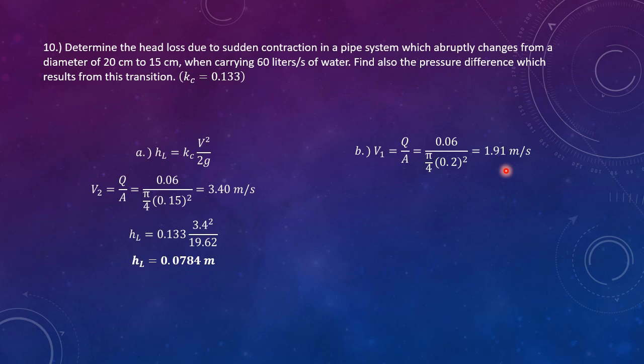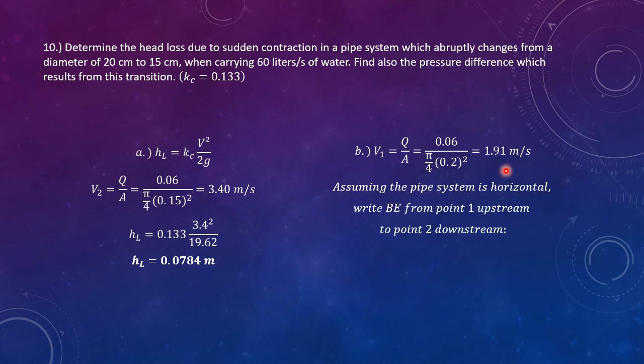Now to solve for the pressure difference, we assume that the pipe system is horizontal, and we write the Bernoulli energy equation from point 1 upstream to point 2 downstream. And this is the resulting Bernoulli equation. Substituting, P1 or pressure 1 is unknown.